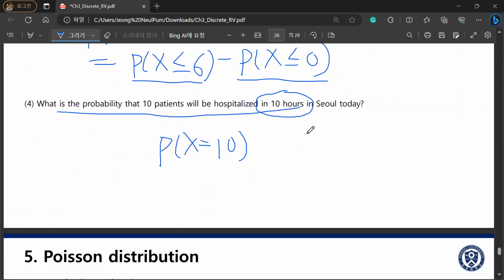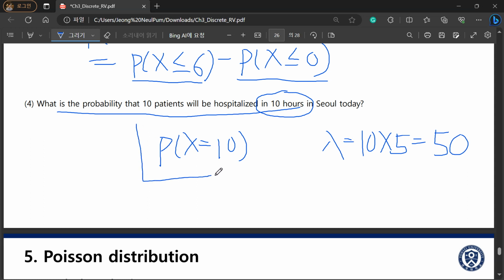However, in this question the unit is 10 hours, so we have to multiply lambda by 10, which leads to 50.